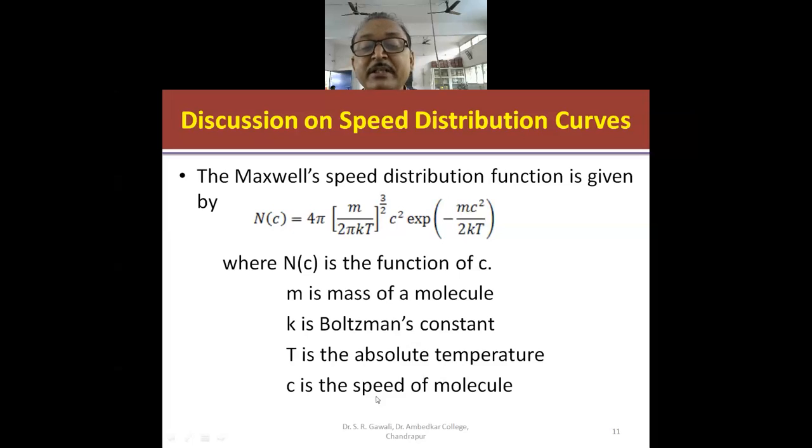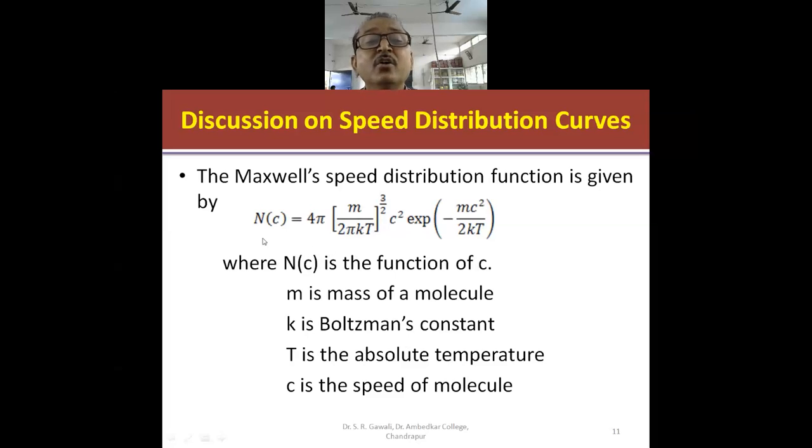So, this is a function of speed. This number of molecules depends upon the speed of the molecule of the gas, and this expression is known as the Maxwell speed distribution function.